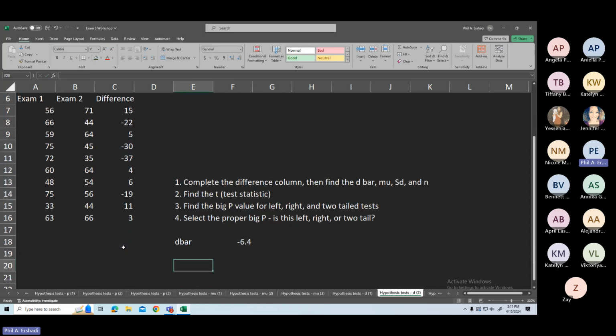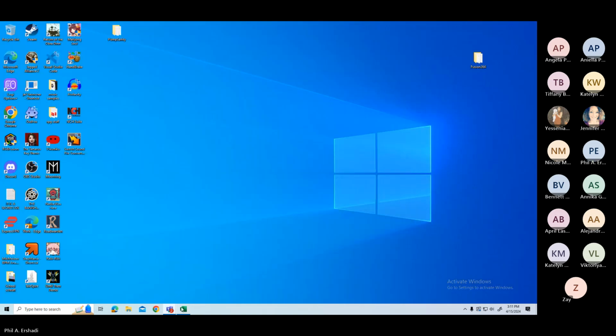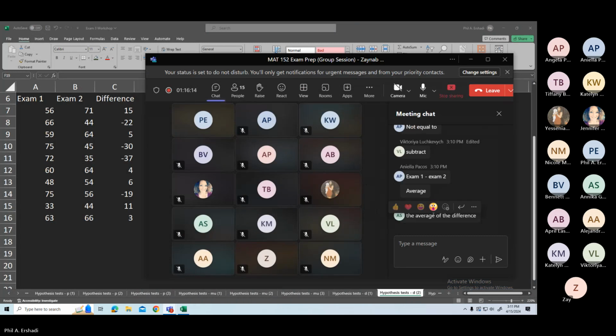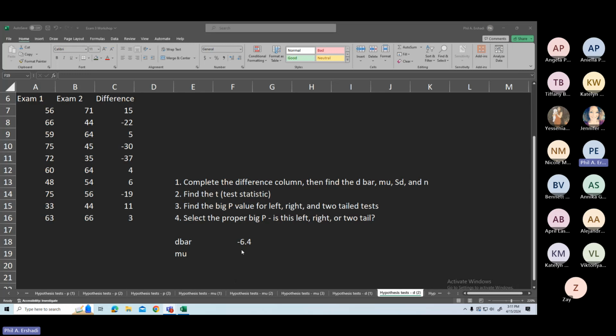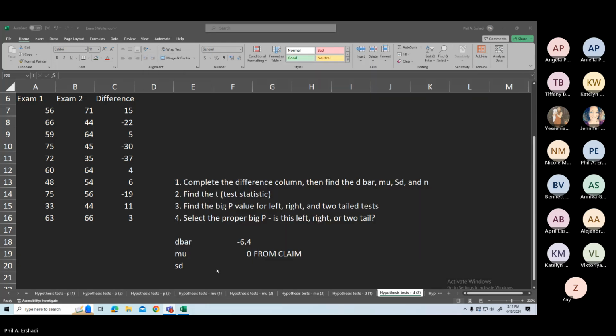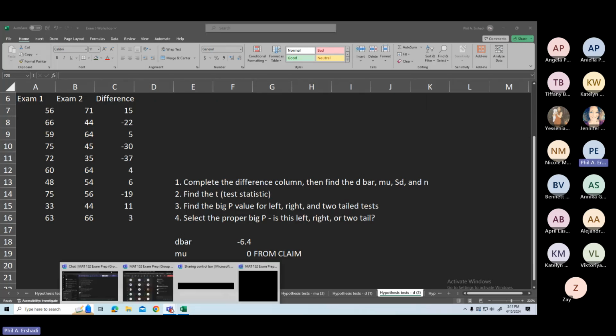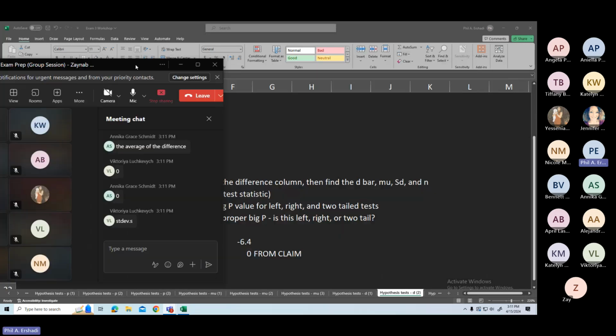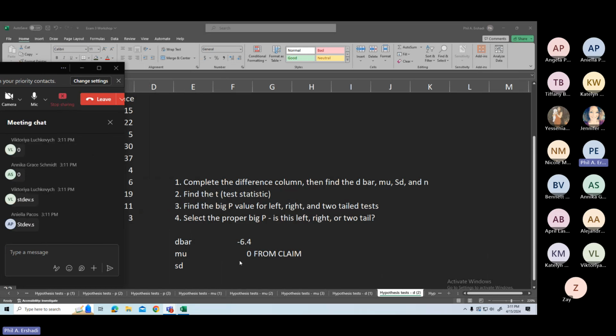And then what's my mu going to be? Yep, the average of the differences, absolutely right. Mu is going to be 0 because that came from my claim. And then what about SD? What do I say for SD? STDEV.S, very good.